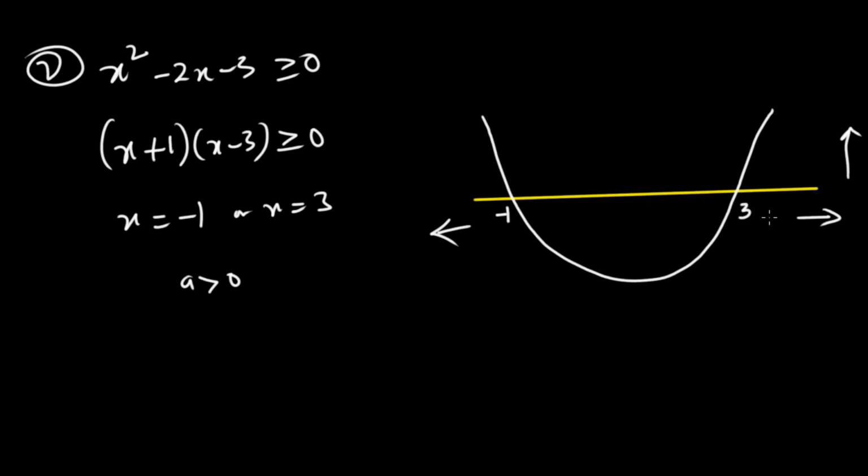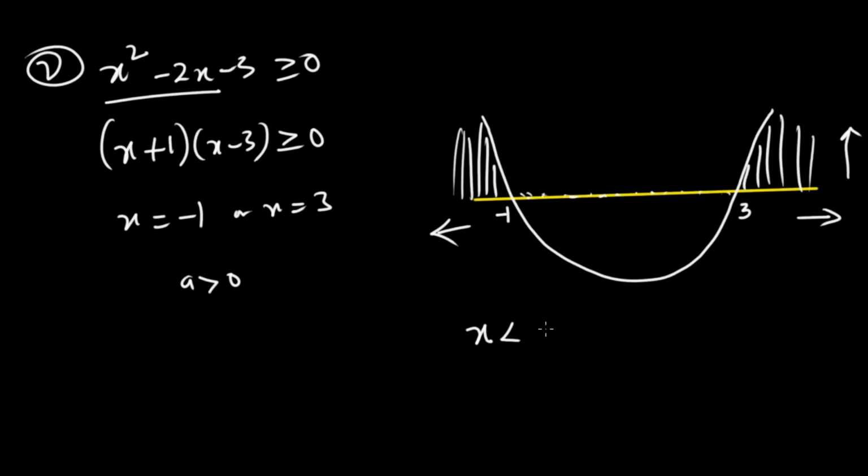So for me to have this particular expression greater than 0, x must not fall in this middle section, it can only fall to the left of alpha 1 or to the right of beta 1. So I'm going to have all these points to satisfy my condition. And now can I draw this out? So this is going to be x less than -1, and this is x greater than 3.